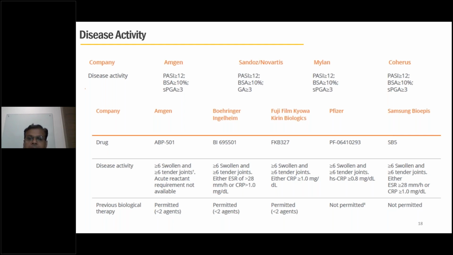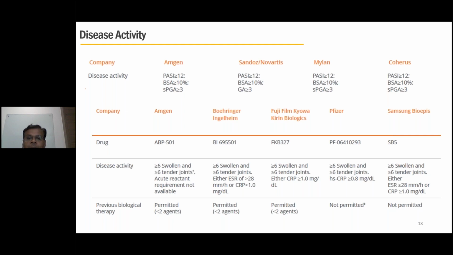When the innovator Humira did its study, they involved at least 9 joints. You could understand the severity of the disease involved. At least 9 was considered as tender joints, and at least 6 swollen joints were part of the patient enrollment.